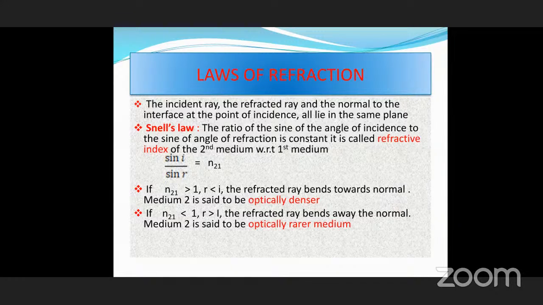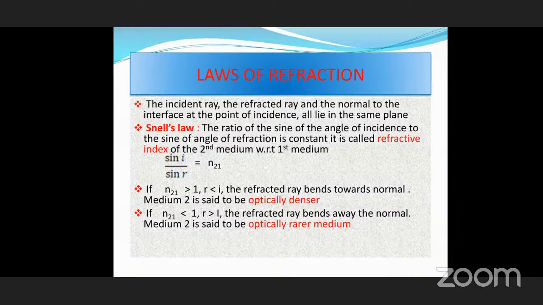So, optically denser means its velocity is reduced. Whenever velocity is reduced, the ray bends towards the normal. So, easily you can understand that whenever the angle is less, whether it is the incident angle or refracted angle, in that particular medium the velocity of light is also less. So, for optically denser, the velocity of light is less.